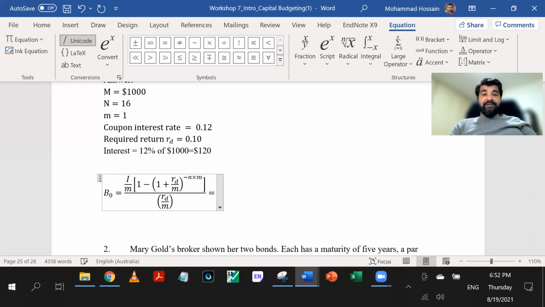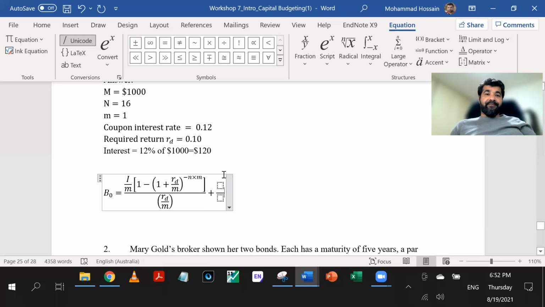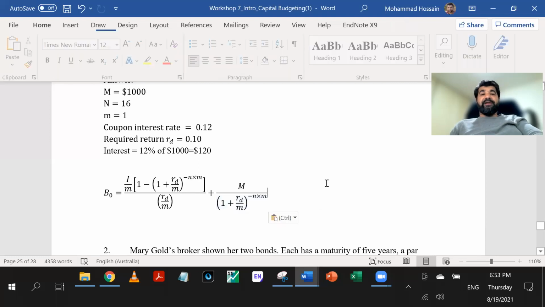Here plus, here it will be n divided by. This is the formula.